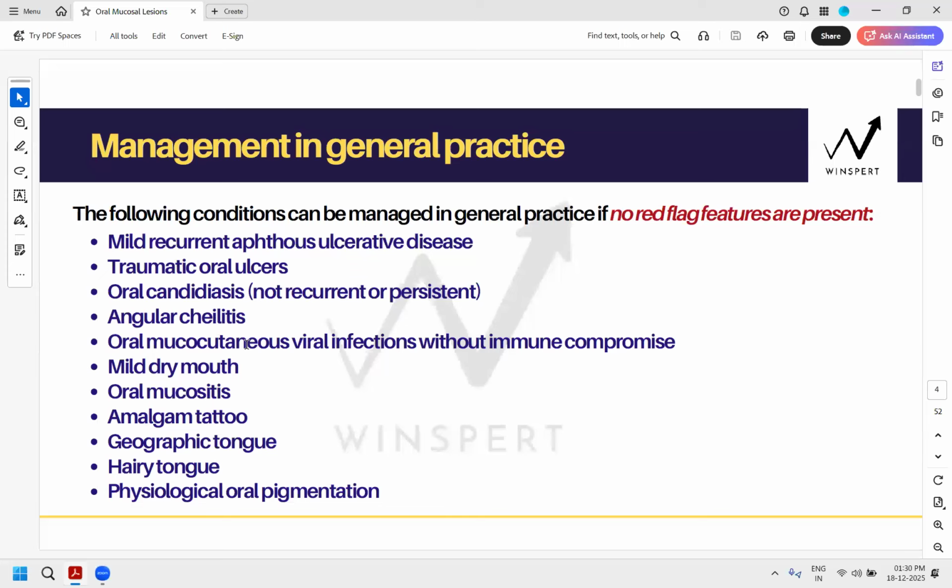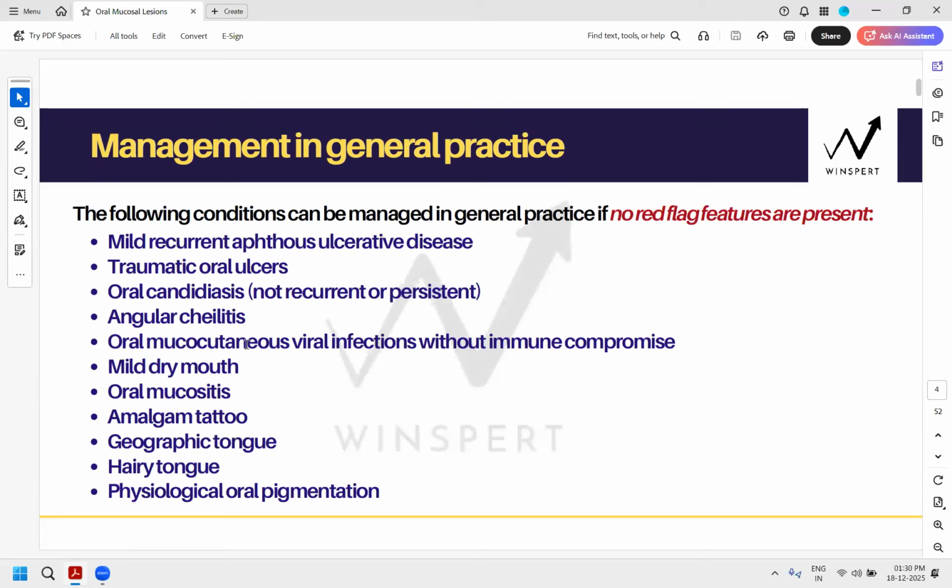Okay? Then, angular cheilitis. Angular cheilitis is repeatedly asked in the exam with your reduced video. Yes or no? Oral candidiasis. It can also be associated with denture stomatitis, hyperplastic type, right? Pseudomembranous type. Again, scope of general dentistry, but given that red flag should not be present.